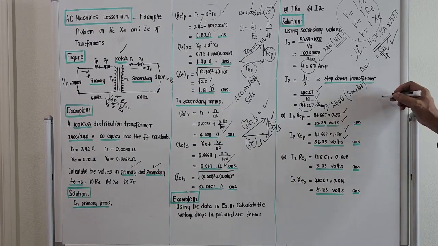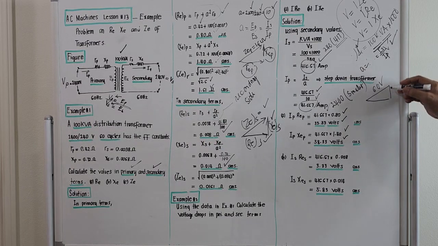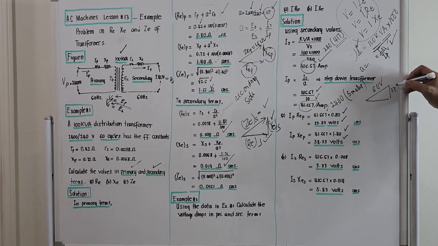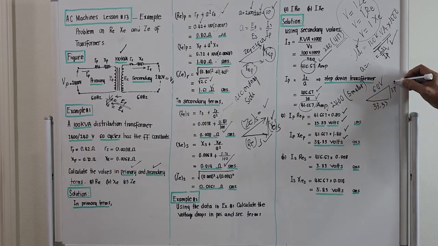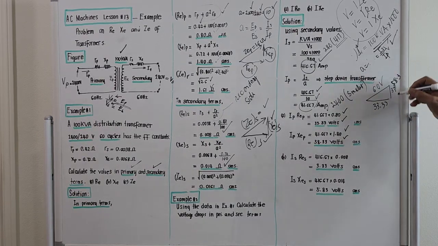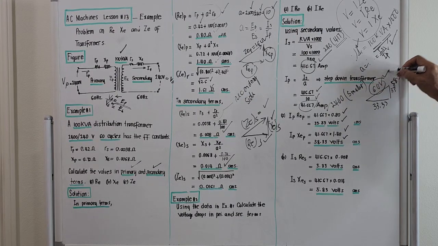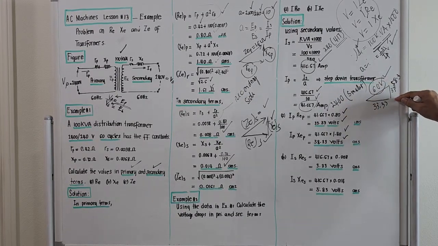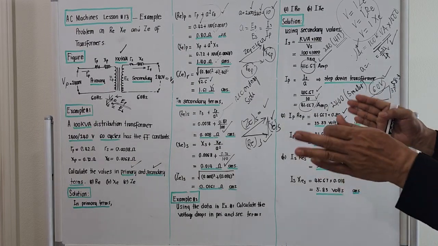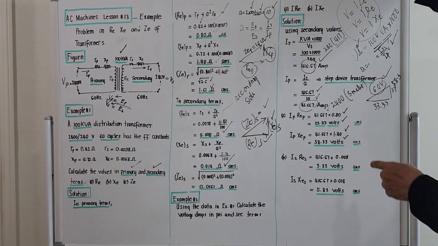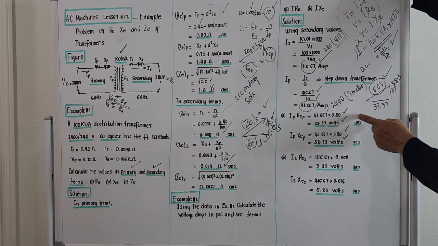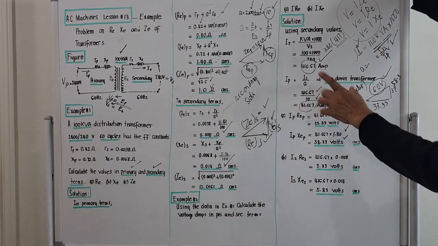The voltage drop is almost maybe 60 volts if you take the vectorial sum of 33.3 and 58.3. But the problem is not asking for the overall voltage due to the hypotenuse. This is the voltage drop due to the resistance and the voltage drop due to the reactance. That is for the primary.